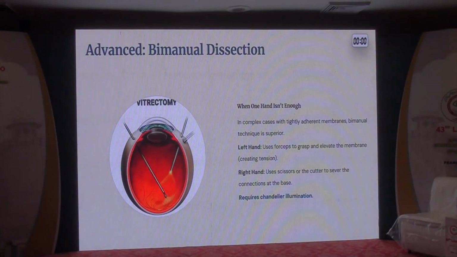The bimanual dissection technique is a newer technique with chandelier illumination. We have tried a few cases, but we are not very good at that. I have more expertise in using the single cutter as a retractor and doing delamination and segmentation.